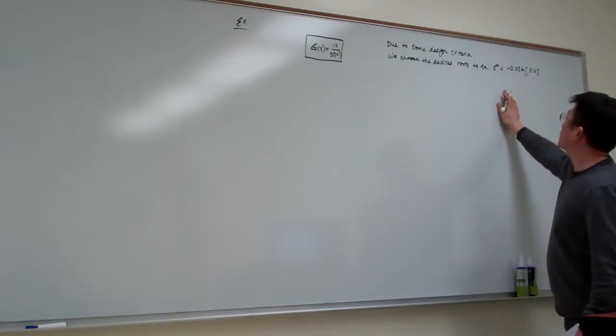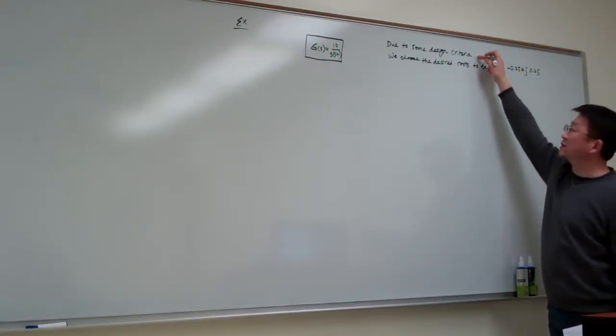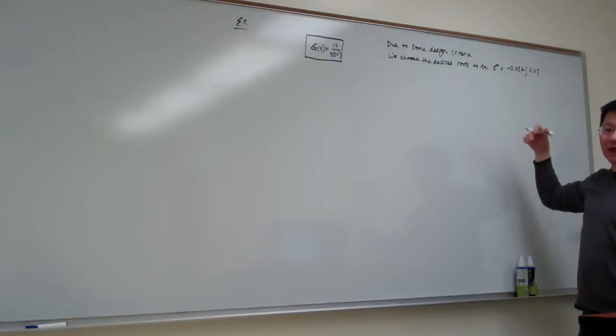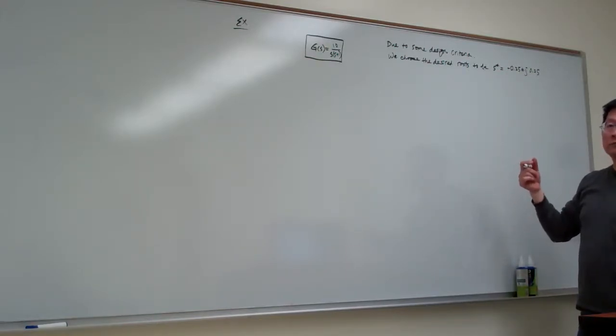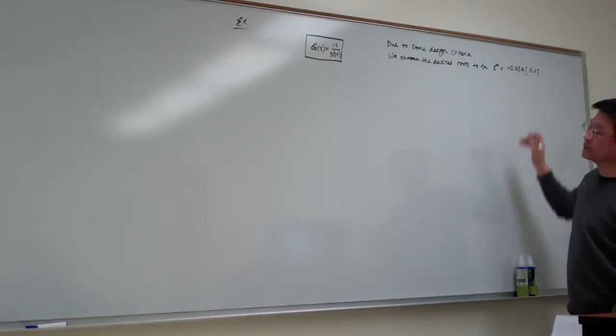Due to certain design criteria, we choose this one. And again, this design criteria can be from, say, damping ratio and the natural frequencies. So from this, we decide to have this.